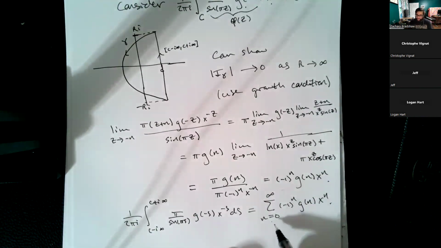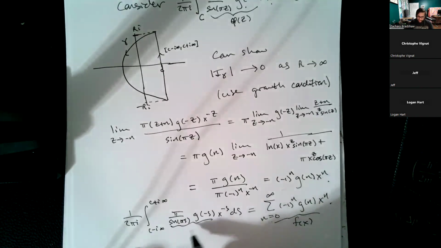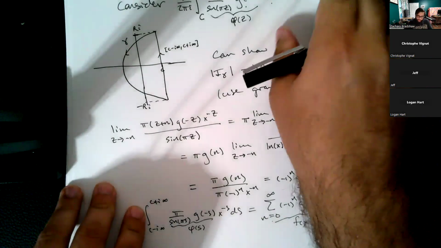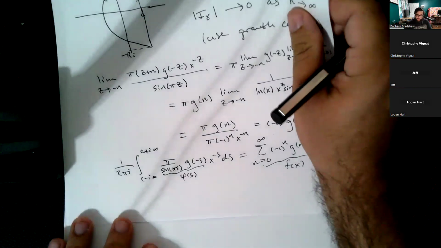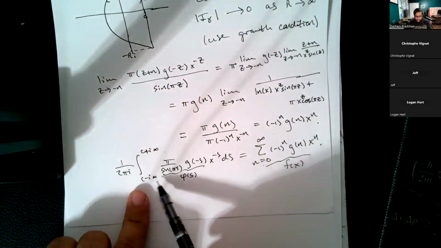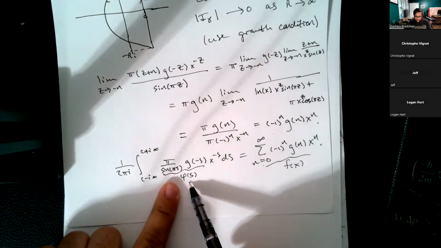This guy is just f. And this is the thing we called phi, right, in the inverse Mellin transform. So now if I take the Mellin transform of both sides, what I find is that I have an inverse Mellin transform of phi here, right?